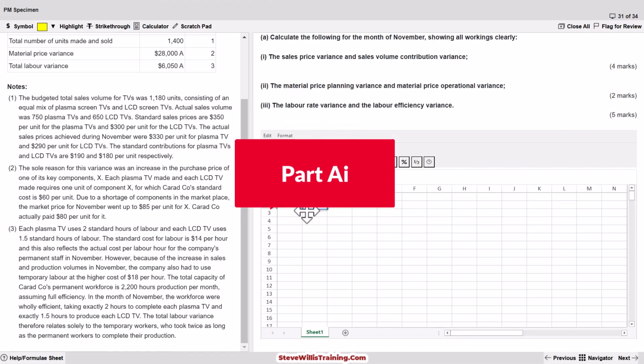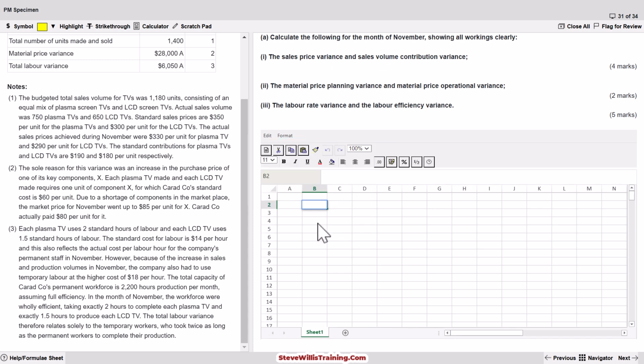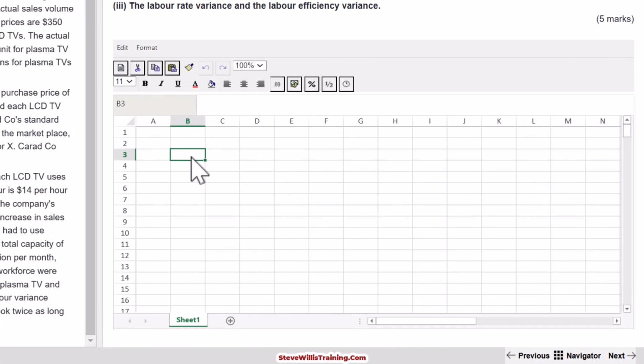Let's get rocking. So we've got to do sales price variance and sales volume variance. I will use part of the spreadsheet here as scratch paper to organize my thoughts. There's no reason I can't do that. I can delete it when I'm done.